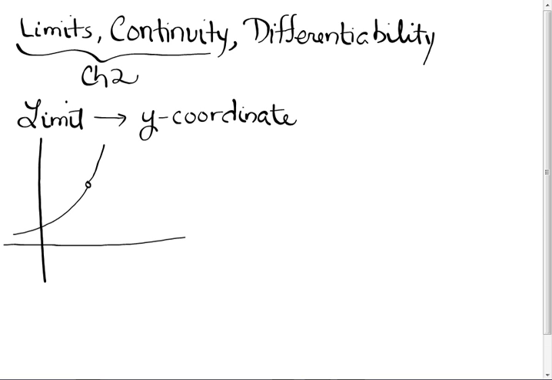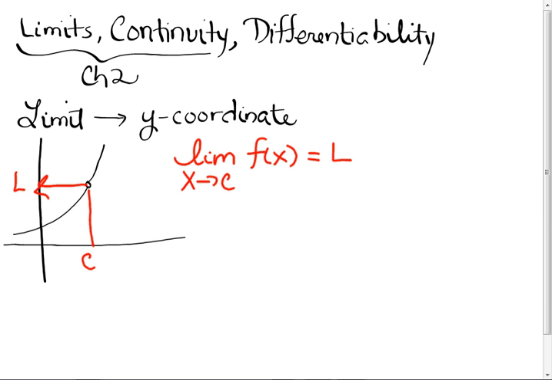And this is my c value. So we write the limit as x approaches c of f of x. It's asking you what is the y value getting close to, but we don't care what happens at that value. What's it getting near? We'll call that L. That's all a limit is.